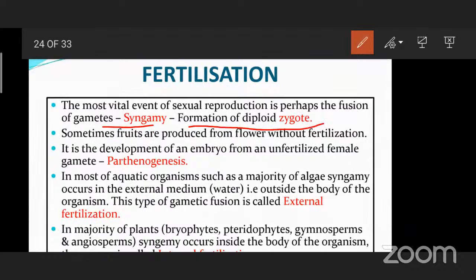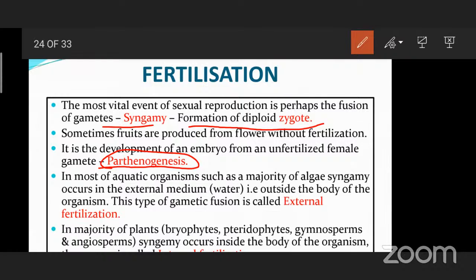What is parthenogenesis? Already I told you, without fertilization. Some of the fruits are produced from flowers without fertilization; the embryo develops from the unfertilized female gametophyte. That is known as parthenogenesis. Fertilization is of two types. What are they? External fertilization and internal fertilization.